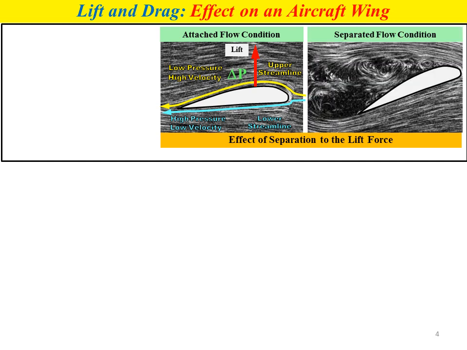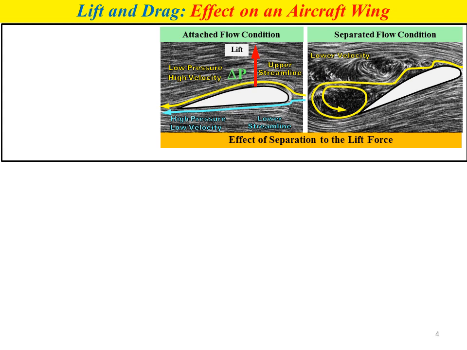Okay, now if we consider the separated flow condition, as shown in the figures, this condition will occur if we increase the angle of attack. We get the worst separated condition if the angle of attack exceeds the value of the critical angle of attack. Now the upper streamline will experience turbulent or separated flow, as shown by the yellow line.